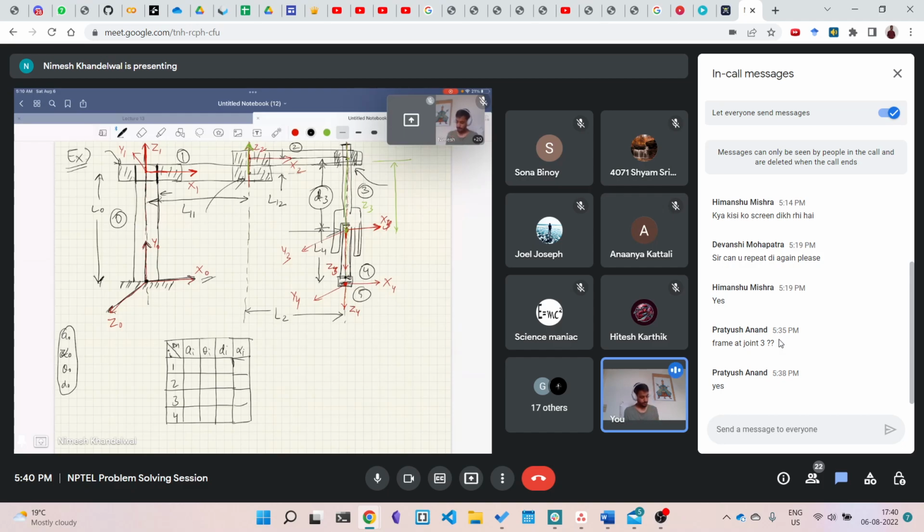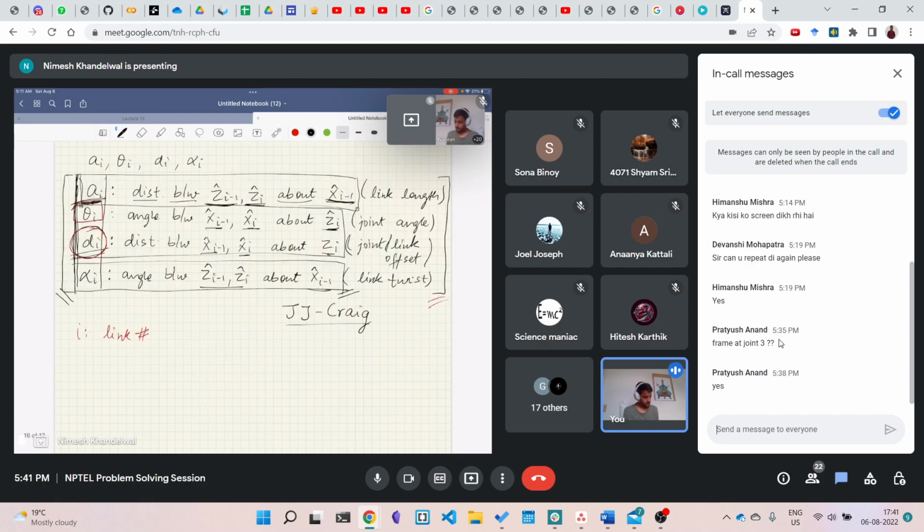So what is the a for link 1? Nobody? Okay, since this was the distance between zi minus 1 and zi, in the case of i equal to 1 it is between z0 and z1 about x0.